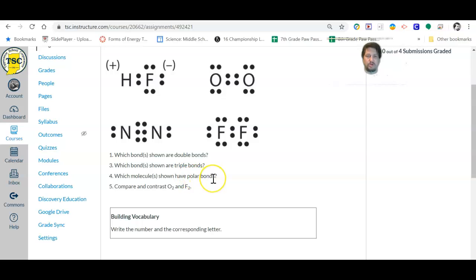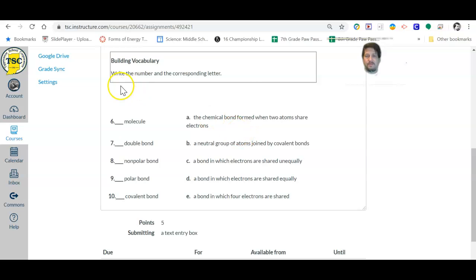Which ones have polar bonds? Might be a little bit more difficult here. It's only one, there's a hint for you. You compare and contrast O2 and F2. How are they similar? How are they different? Then for the last part, you're going to write, in your answer part, 6, in the corresponding letter, whichever one it may be. 7, 8, 9, 10, same thing.